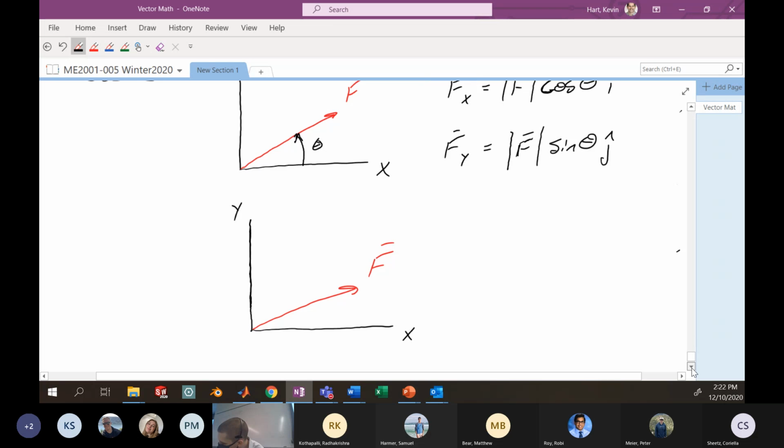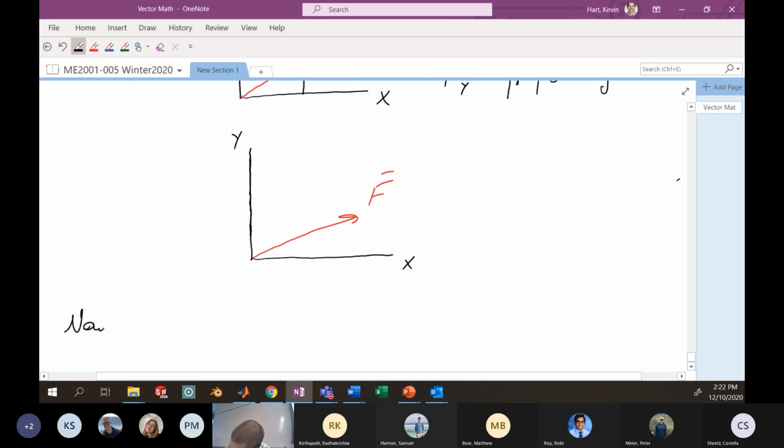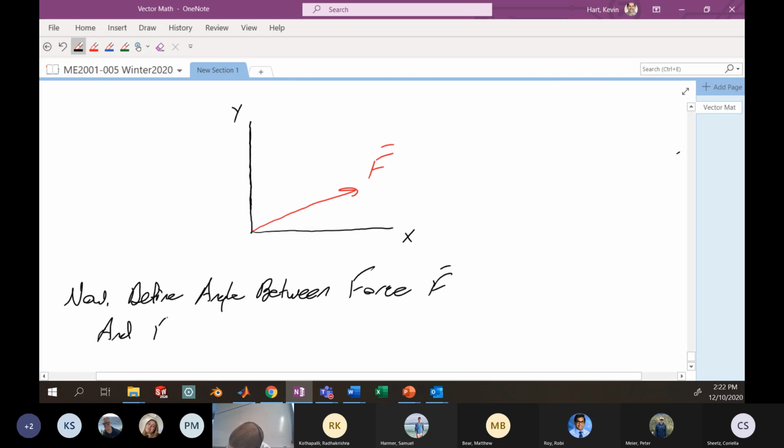So now we define the angle between force F and each axis separately. If we do that, here we have the angle that we previously called theta, but I'm going to specify it now as theta x.